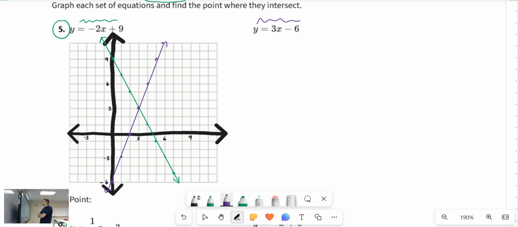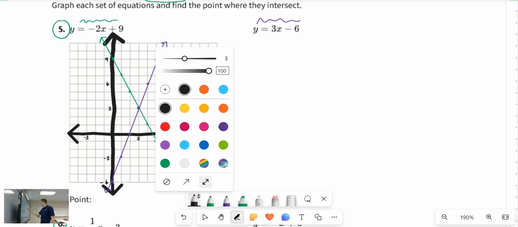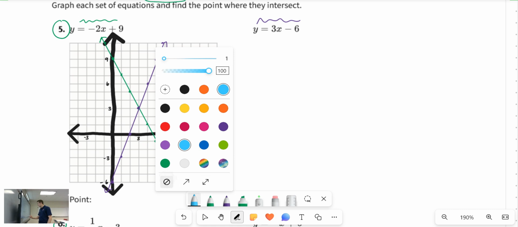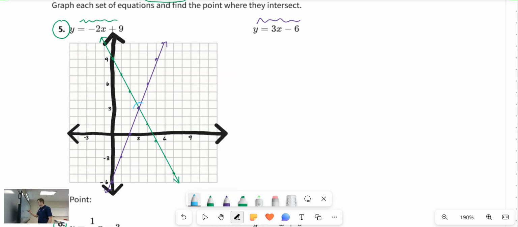We've graphed each set of equations. Now we have to find the point where they intersect. Sure, let's highlight this in blue. It would appear that the intersection point is right here. Now, what is that point? Well, it is actually one of the points that we drew on both lines.